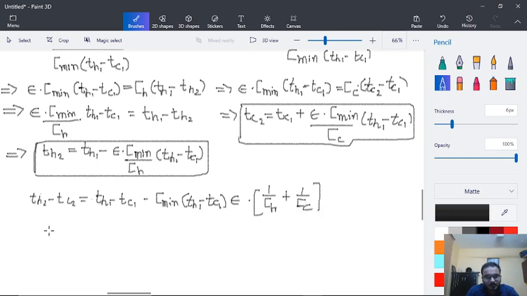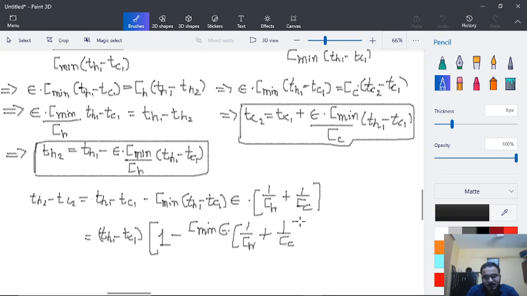So finally what we will get here is TH1 minus TC1 common into 1 minus C minimum into epsilon into 1 upon Ch plus 1 upon Cc.